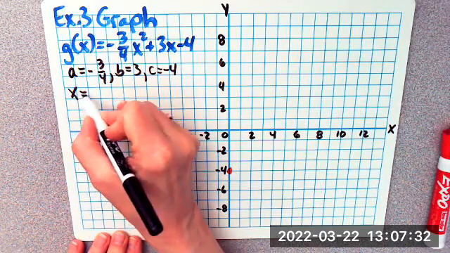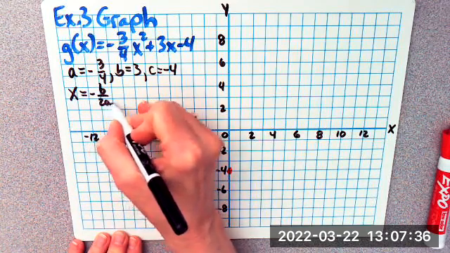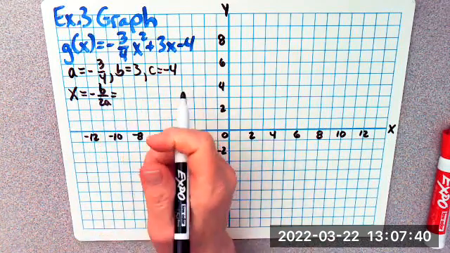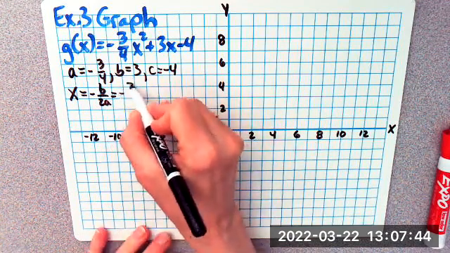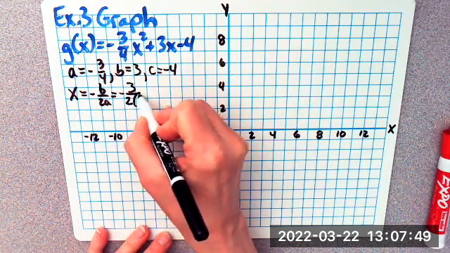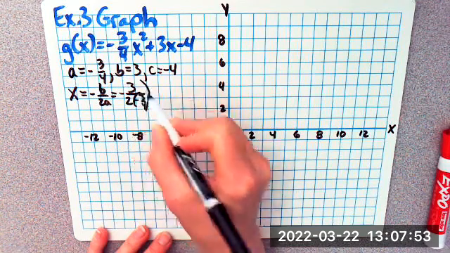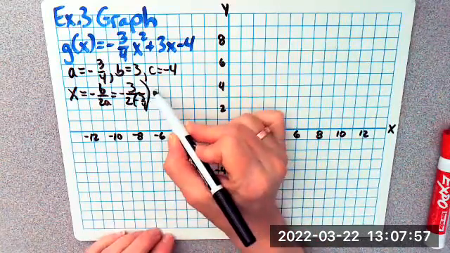So we have x equals -b over 2a, then we have -3 over 2 times -3/4. There are 2 negatives, so we're going to have a positive value. So our axis of symmetry will be over here.